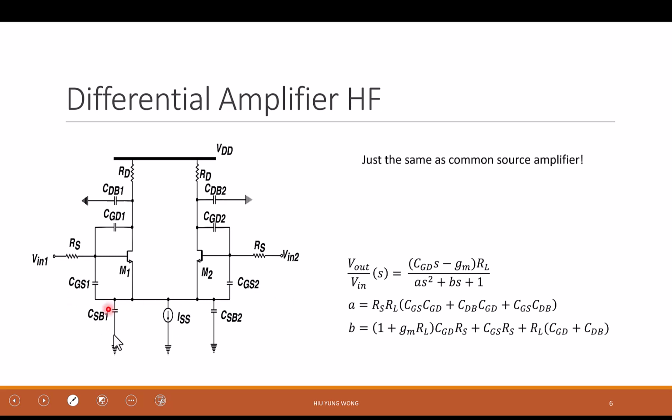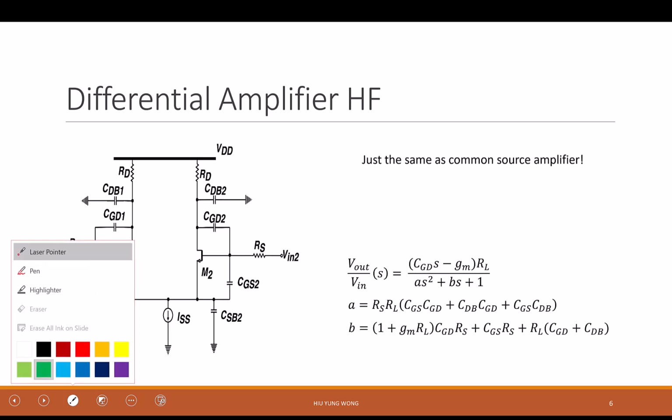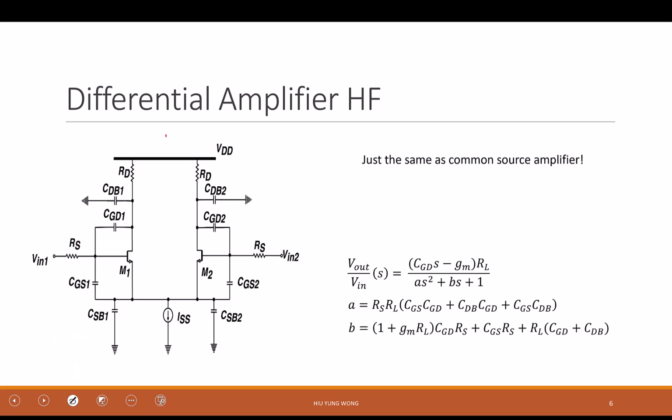Because it's differential, because it's a small signal model, and also because it's absolutely symmetric. Then what can we do? Yeah, we can do half circuit analysis and also use virtual ground.